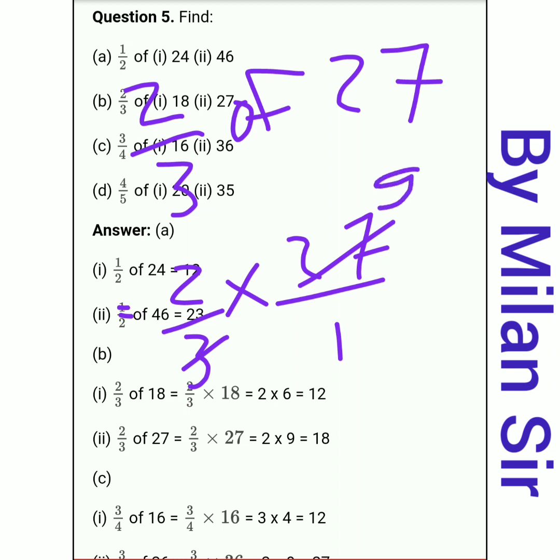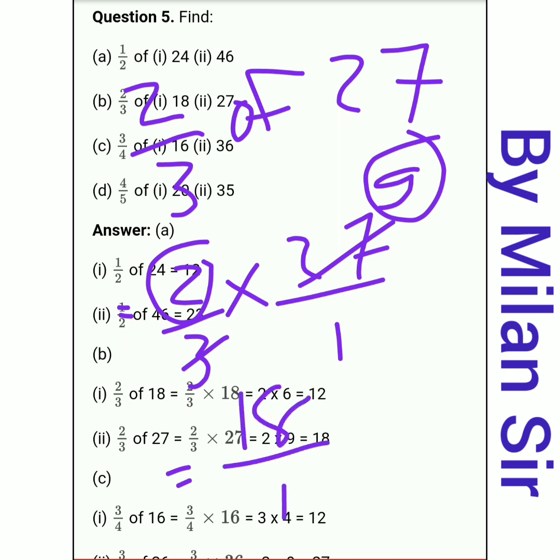Now numerator with numerator, we need to do multiplication of numerator with numerator. So in the numerator we have 9 and 2, so 9 twos are 18 divided by 1. Now 18 divided by 1 is 18 only, right? So our answer is 18.